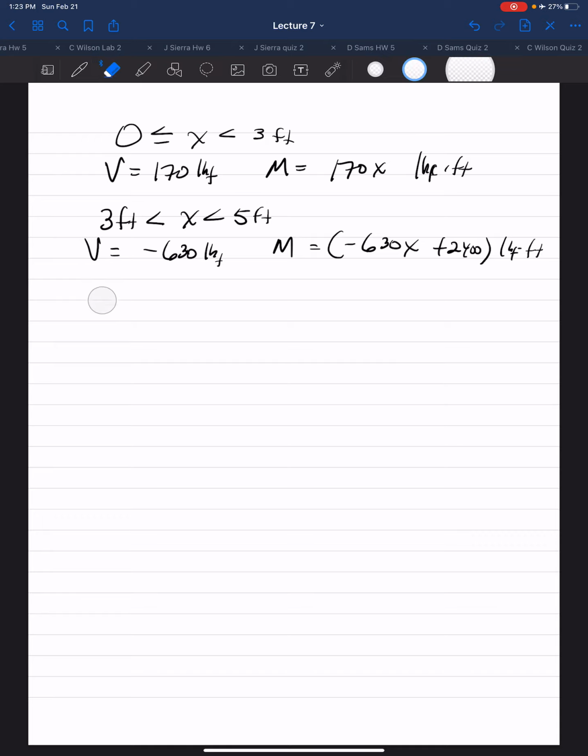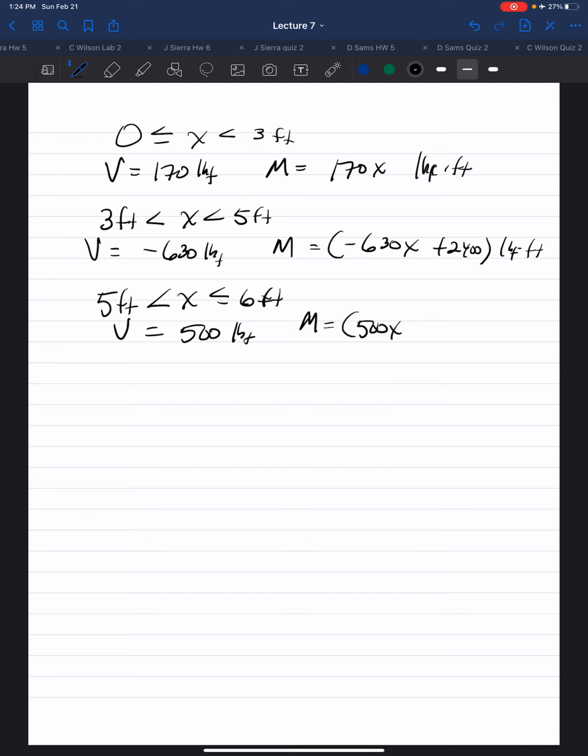And for your 5 feet less than x less than or equal to 6 feet, your V was 500-pound force, and your M was 500x minus 3250 pound force feet.